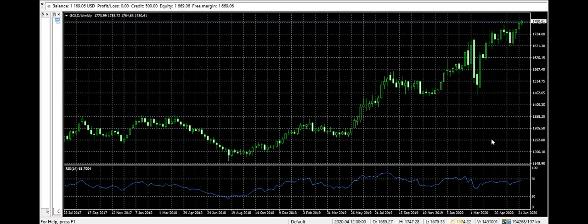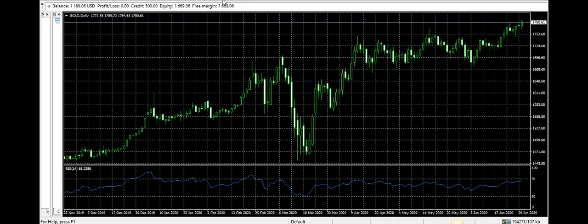So this means that price is not necessarily, in theory, matching up to it. So we see that price up here has made a new high, but RSI down here, you can see, is getting weaker. So that's not a good sign on that time frame.